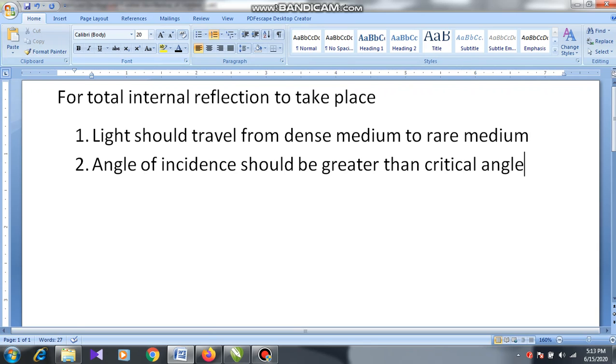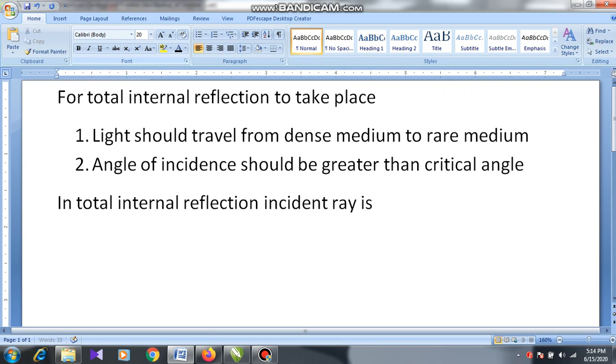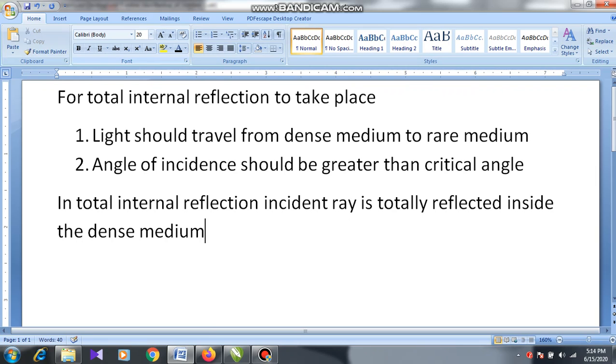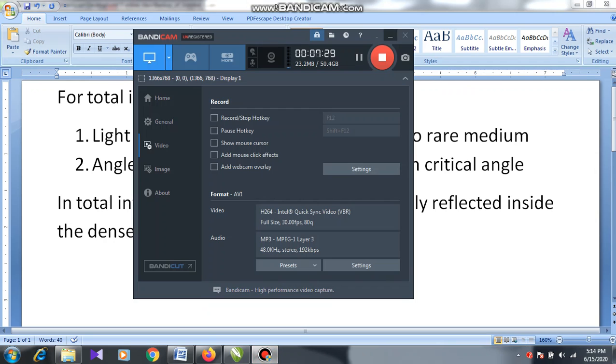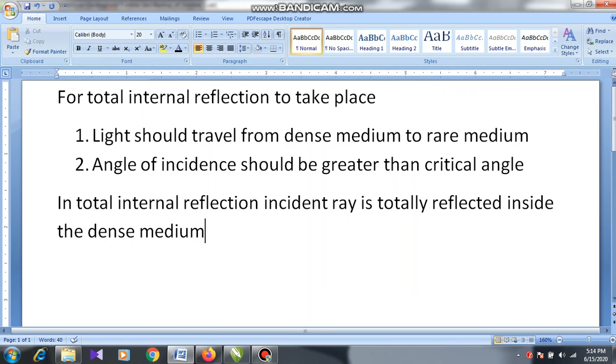You have to remember, in total internal reflection, the incident ray is totally reflected inside the dense medium.